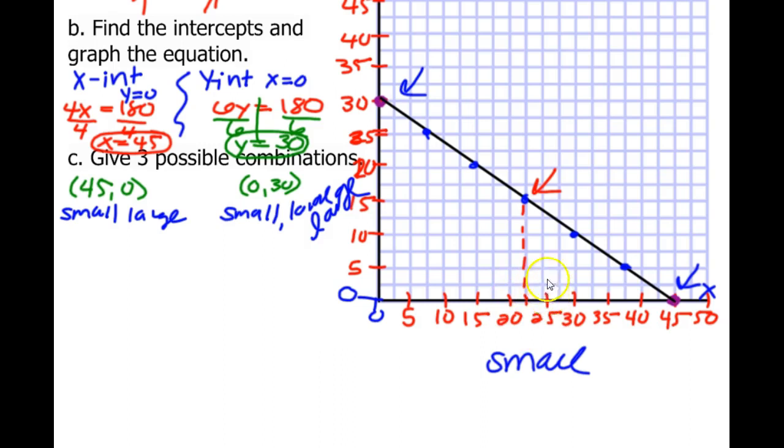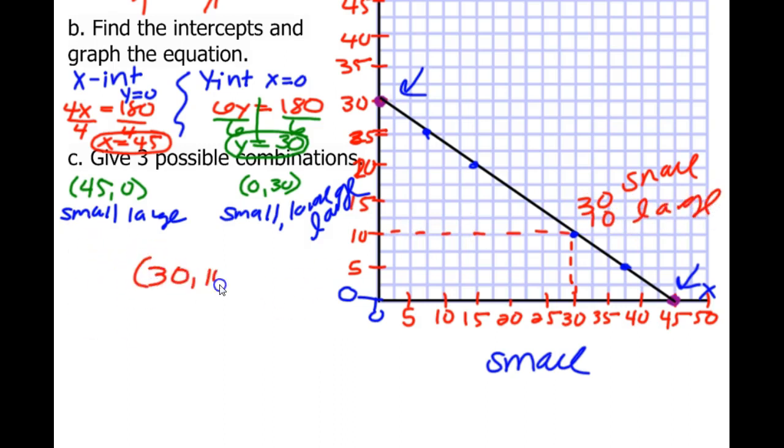I would try to pick one that lands on a nice even number that we have labeled on our x or y axis. So for example, this one would be 30 small tables and 10 large. So that would be 30, 10. So here are 1, 2, 3 combinations.